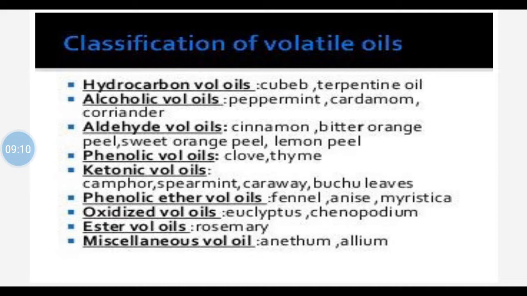Then alcoholic volatile oil, or we can say alcohol volatile oil, where the examples are peppermint, cardamom, coriander. Then aldehyde volatile oil, for example cinnamon, then bitter orange, orange peel, lemon peel.